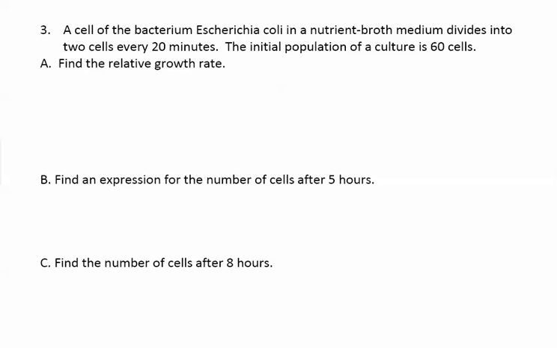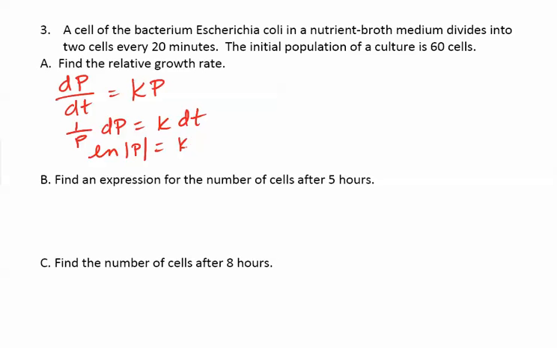So we could go right to our exponential population model, but for sake of discussion, let's repeat the process of where all this came from. If the rate of change in the population is proportional to the current population, and we divide both sides by P and multiply by dt and integrate, we have the natural log of the population is kt plus c1.